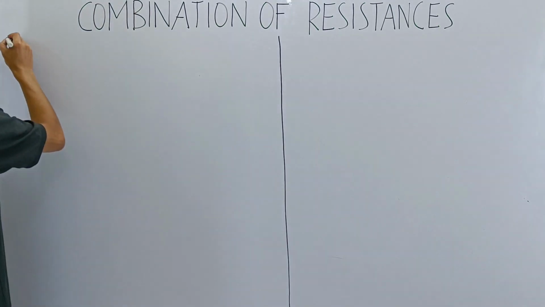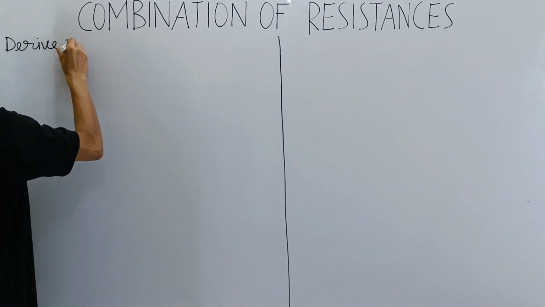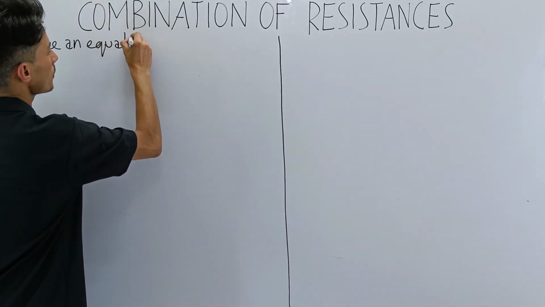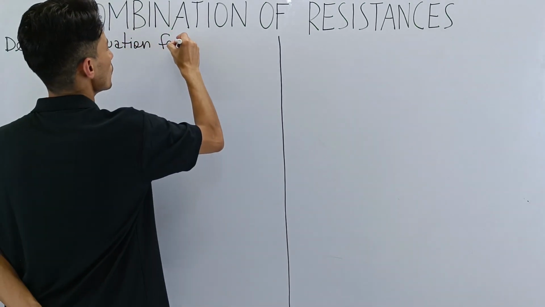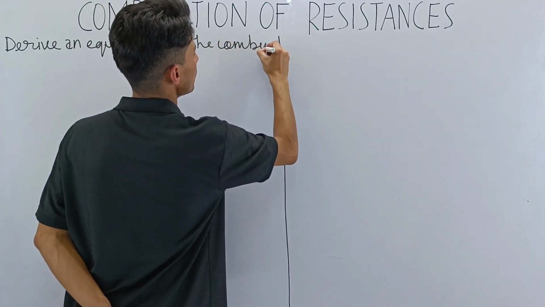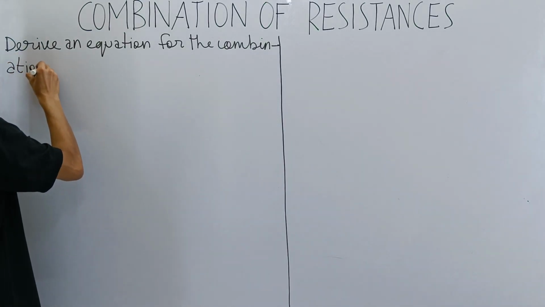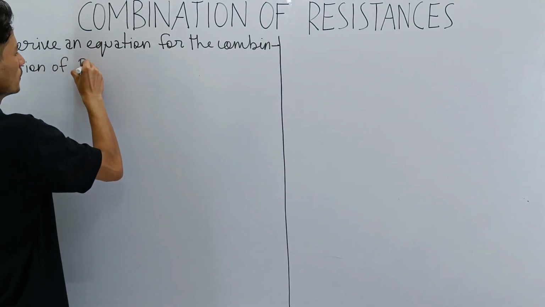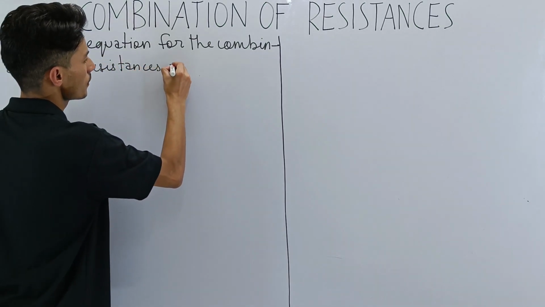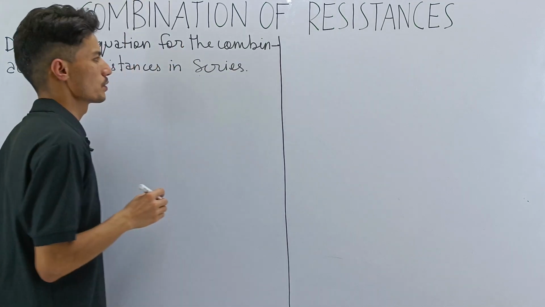The question will be: derive an equation for the combination of resistances in series. First we'll do this one.